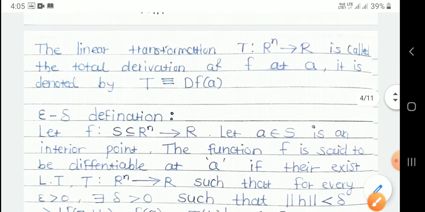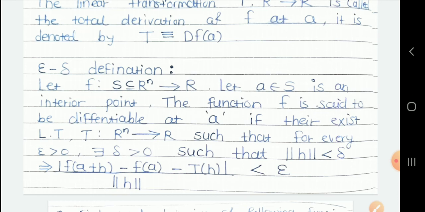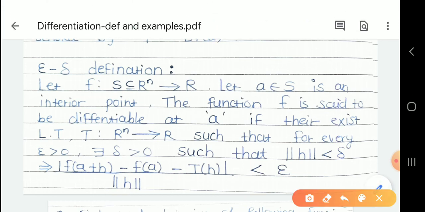Now what is the epsilon delta definition of derivative? Same definition. Let f be a function defined from Rn to R and A belongs to S is an interior point.